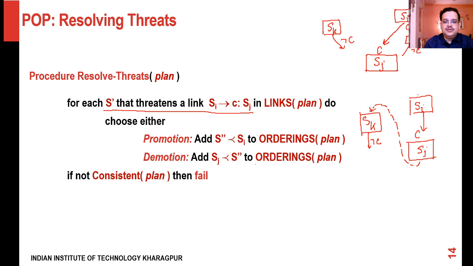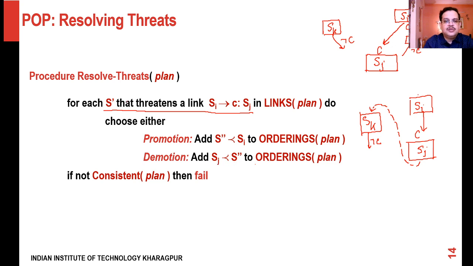So in the pseudocode that you see here, the first thing that I drew is called promotion, because then I am actually taking this S double dash to precede Si, and in demotion I am adding S double dash to after Sj.